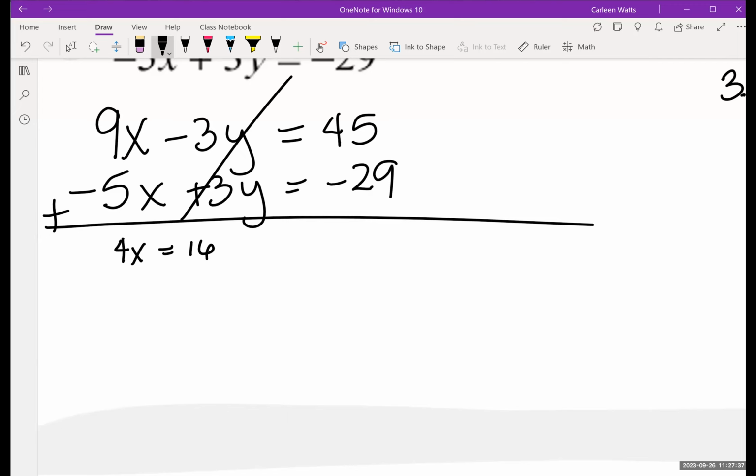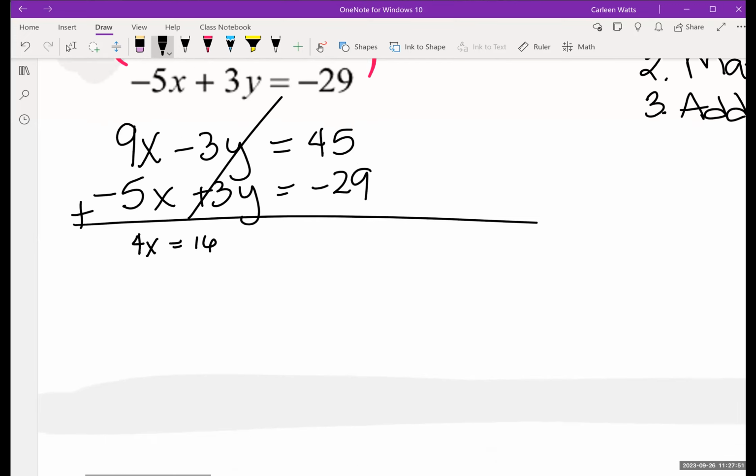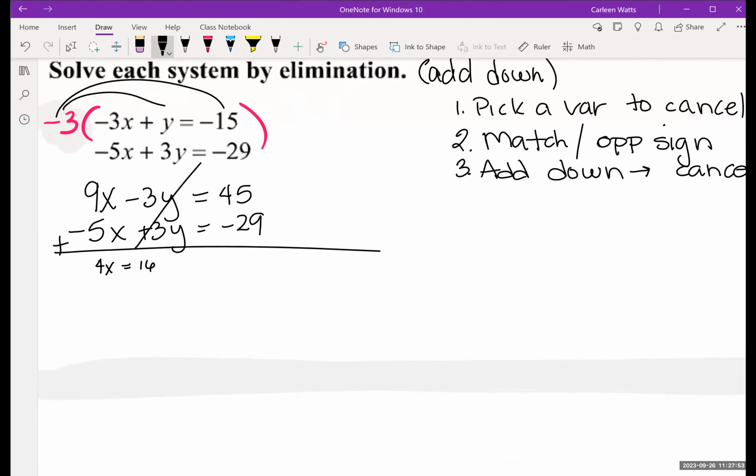So I went from 2 variables and 2 unknowns to a simple little equation with 1 variable, 1 unknown. Pick a variable to cancel. Make the coefficients match with opposite signs.